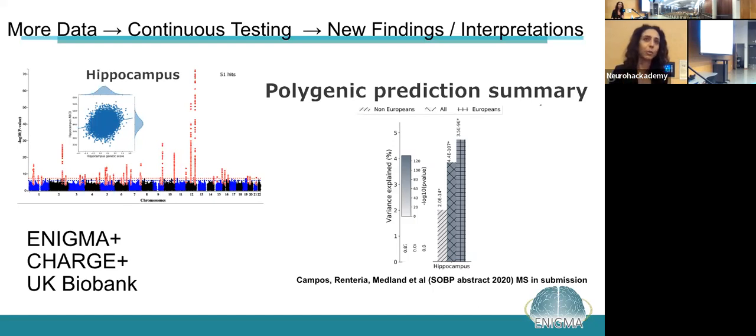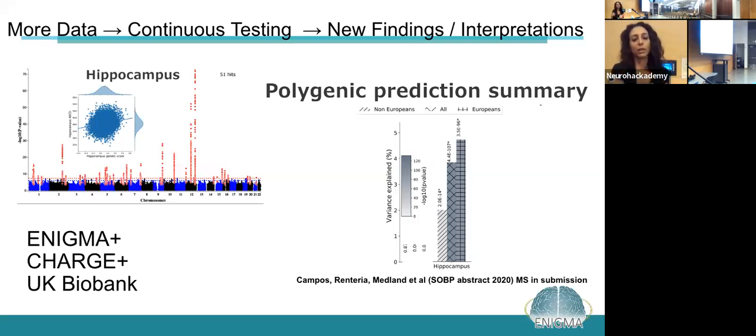data sets that have genome-wide information and also imaging are largely of people of European ancestry. So a lot of our and other consortia's discovery samples that are used to make the initial findings are exclusively run in individuals of European ancestry.